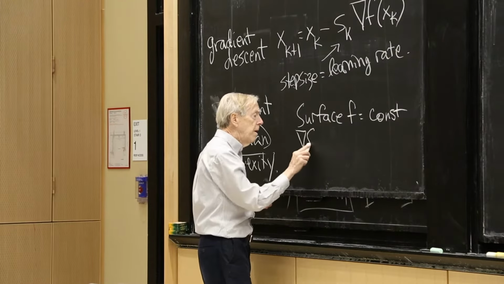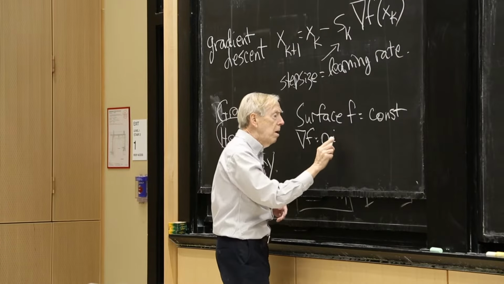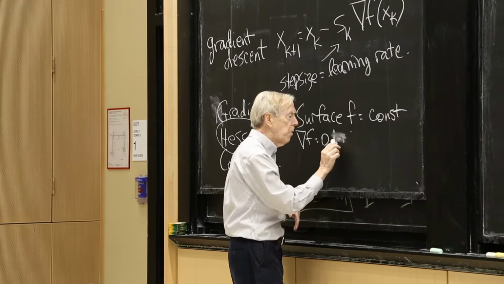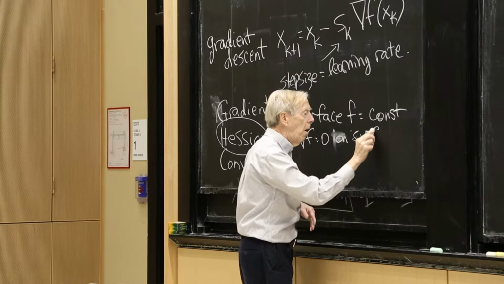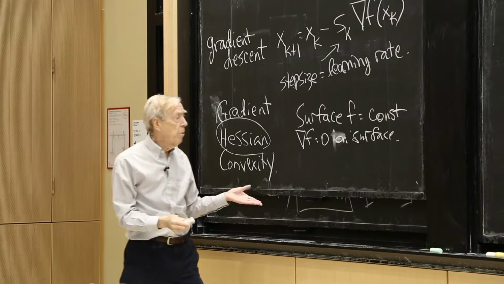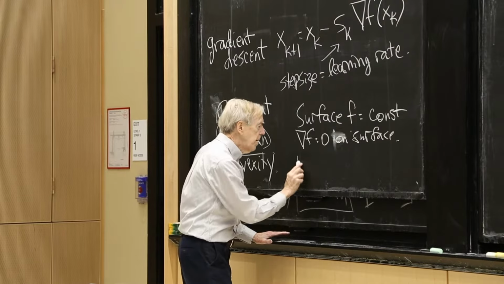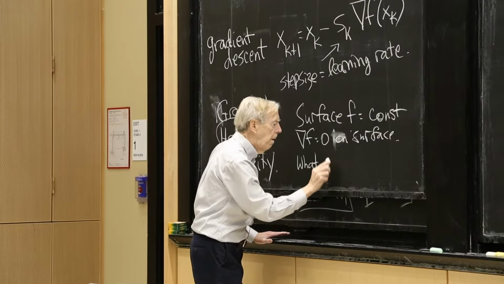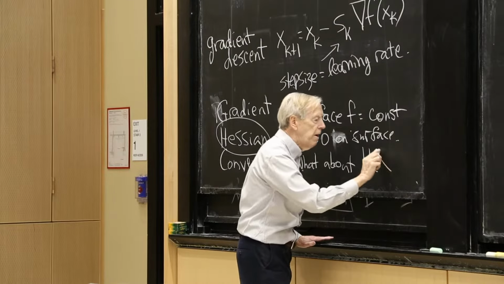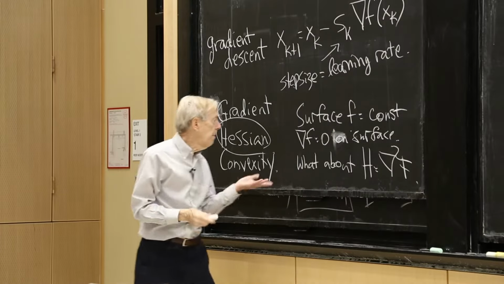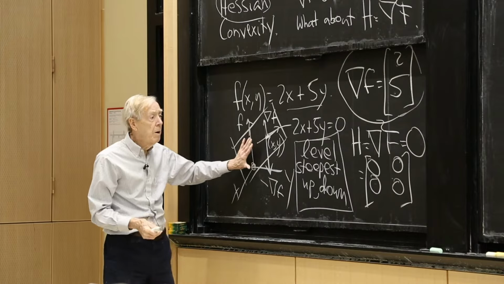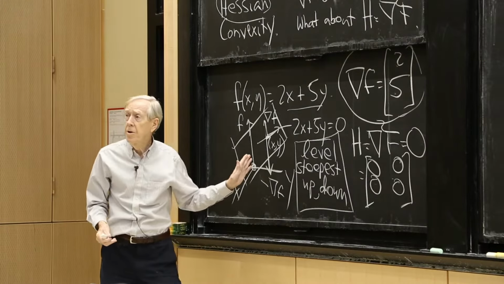Gradient of f is 0 on, that's a better word, on the surface. The gradient of f points perpendicular, but what about the Hessian, the second derivative? What is that telling me about that surface in particular, when the Hessian is 0, or other surfaces.